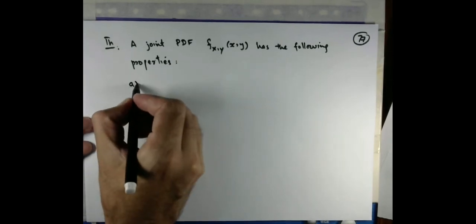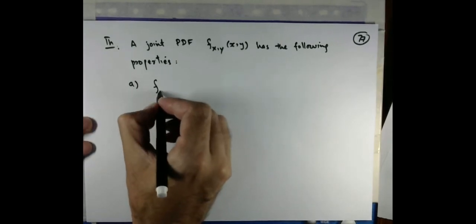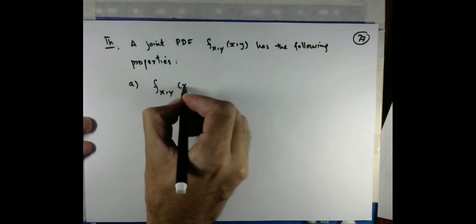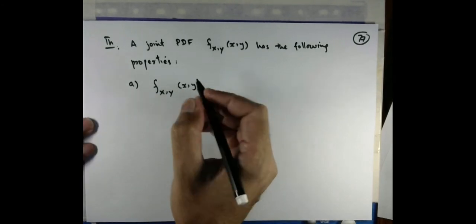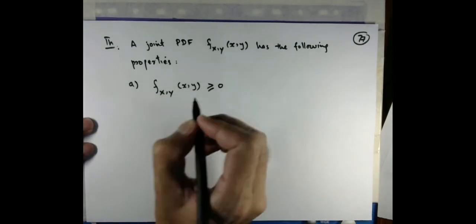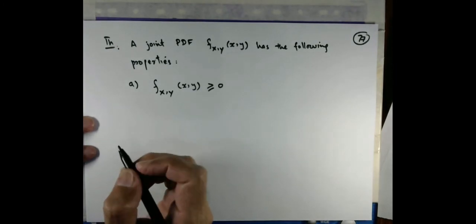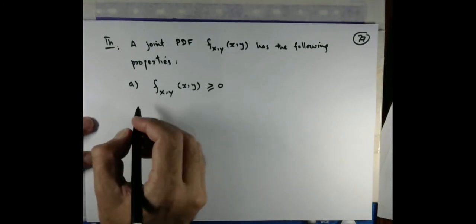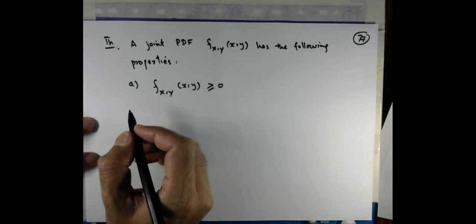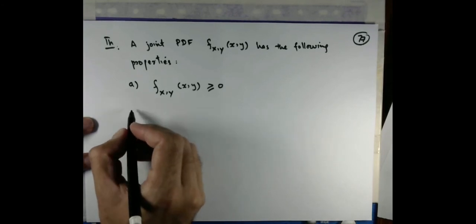The first property is that the joint PDF of the two continuous random variables x and y is always greater than or equal to 0, and this is obvious. The probability can never be negative, whether it is a joint or a single distribution.